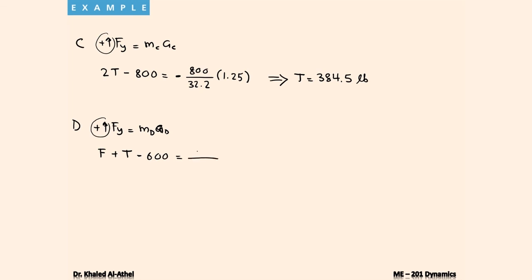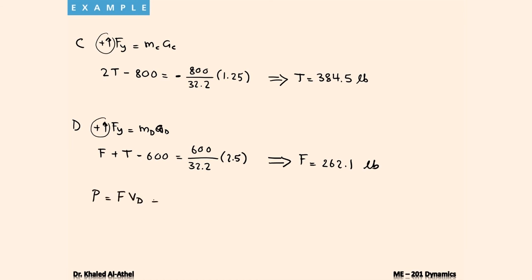So the mass is 600, again divided by the gravity, 32.2, multiplied by AD, which is given in the problem, 2.5. Since T is known from the previous equation, F can be computed to be equal to 262.1 pounds.